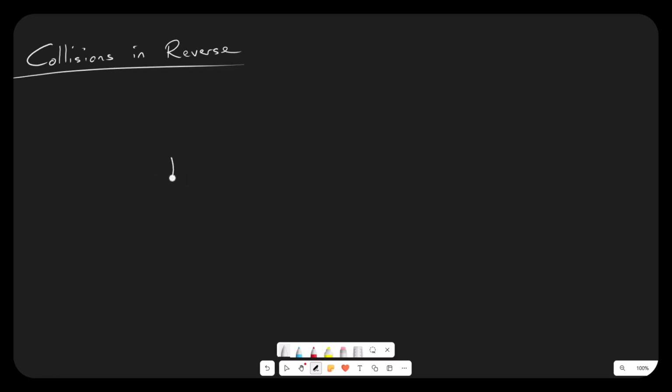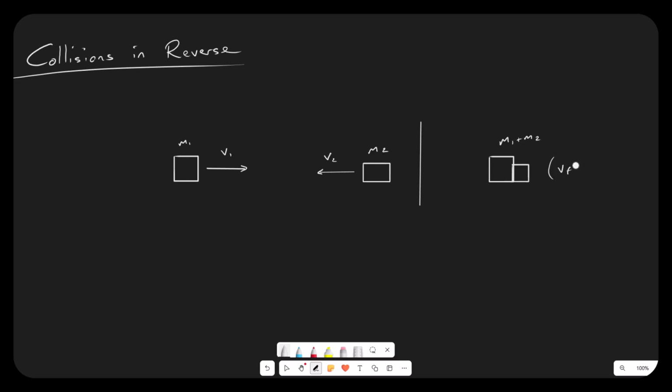When we do a collision, especially a stick-together type of collision, we get something that looks like this. Mass 1, V1, Mass 2, V2, and then afterwards, maybe we can even time it and dial it in just right so that these momenta exactly cancel and we get the total mass with a final speed of 0.